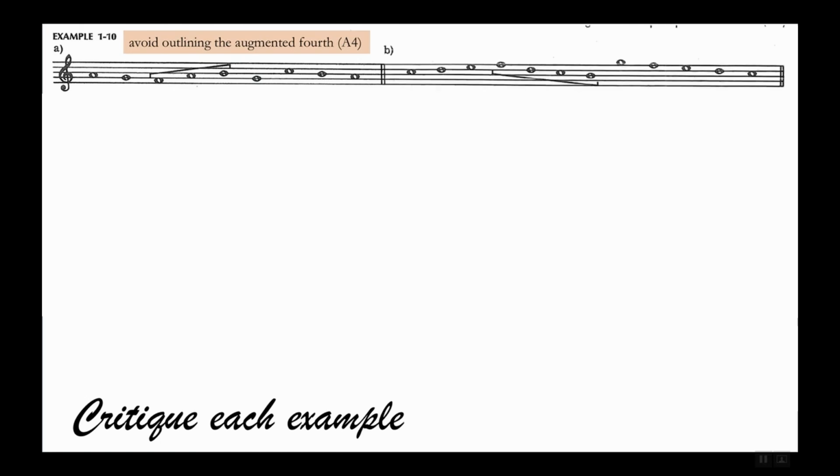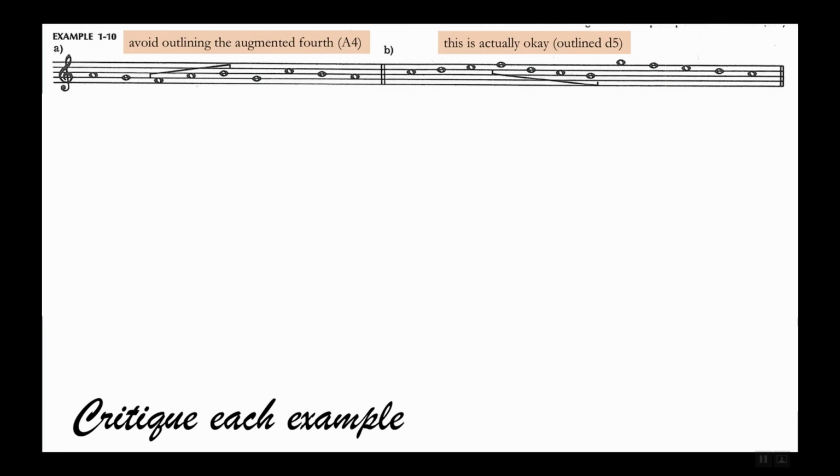And then check out this one. This one, I say, is actually fine. You might not see this in some counterpoint treatises. They might tell you not to do this. The authors say that you shouldn't do this, but it's bad to outline the augmented fourth, the way you have an A. It's actually less bad to outline that diminished fifth.